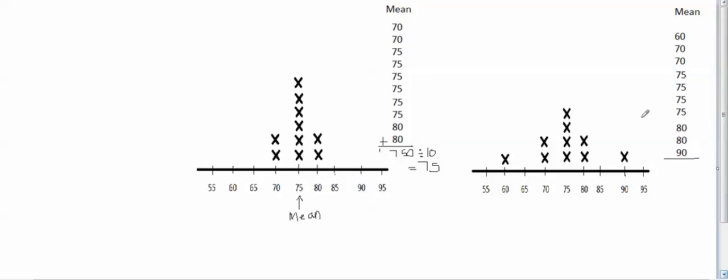If we add these, they actually add up to 750 again. And since there's 10 students, we have to divide the total by 10, and then we'll have the mean exam score of the class.